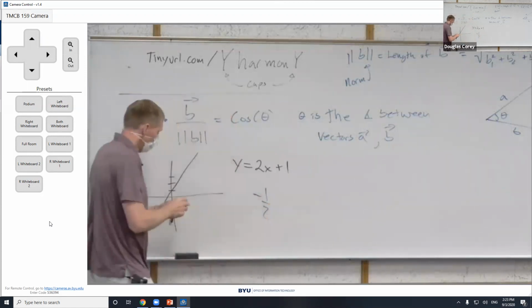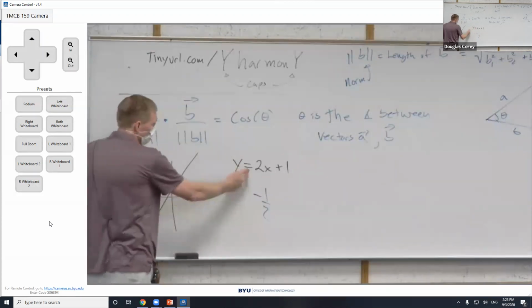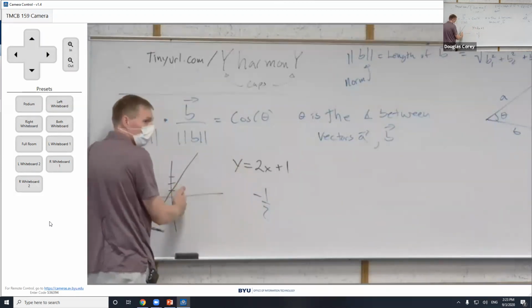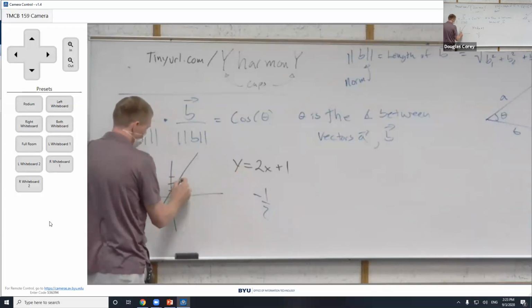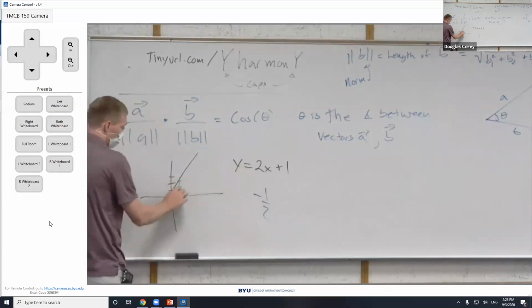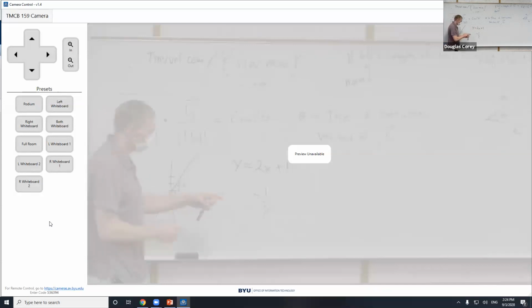Well, how are these things related? The slope of 2 means as x increases by 1, I go up 2. Over 1, up 2. What does the slope of -1/2 mean?